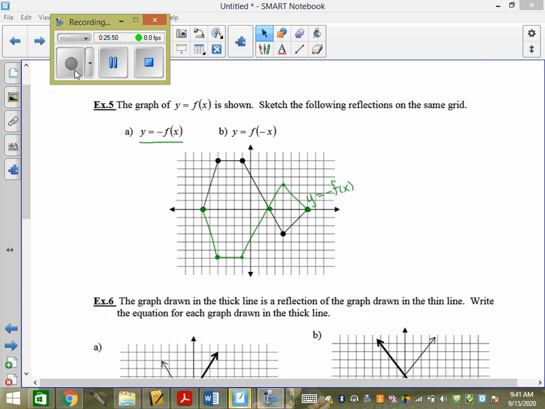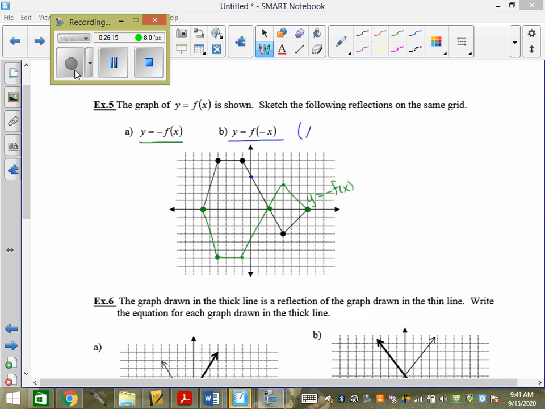Then we'll do this one in blue. What's going to remain invariant for that one? Anything on the y-axis, because that's where it reflects. So if I start here, this one's 1, 2, 3, 4, 5, 6.